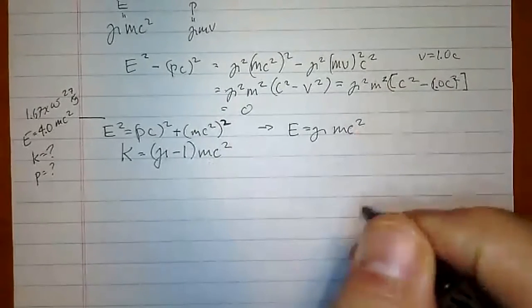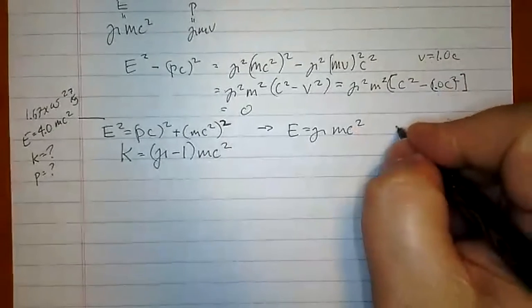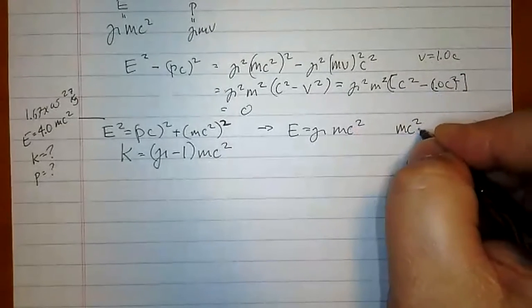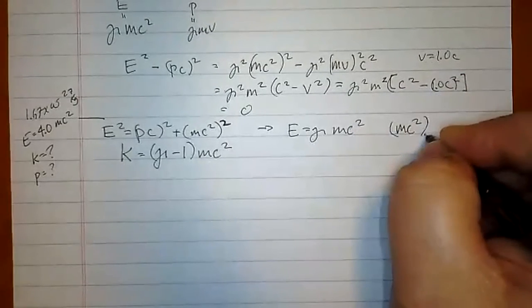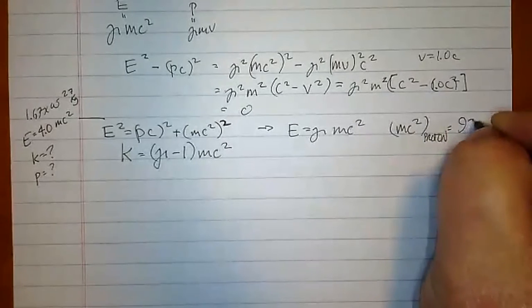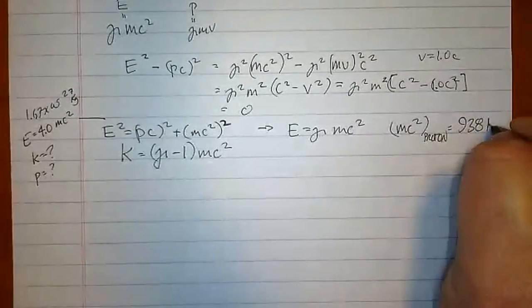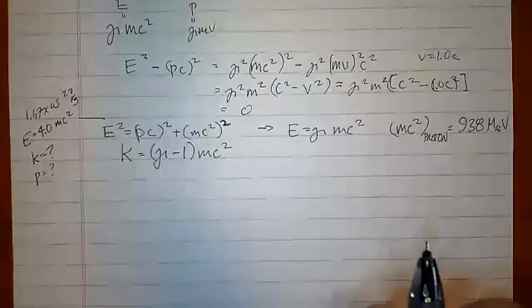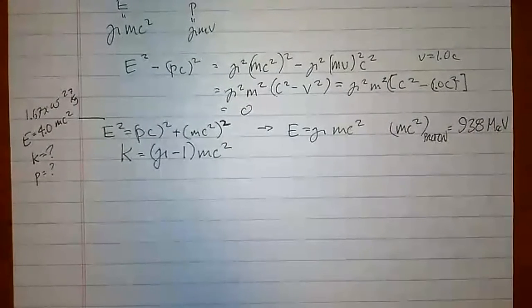And by the way, since they said it's a proton, we already know that MC squared, the rest energy, is 938 MeV. So that makes the rest of this quite easy. Let's see if you can figure out from there what you're going to do.